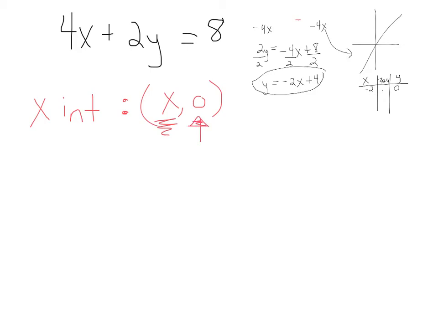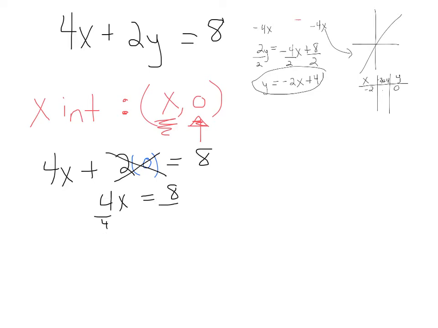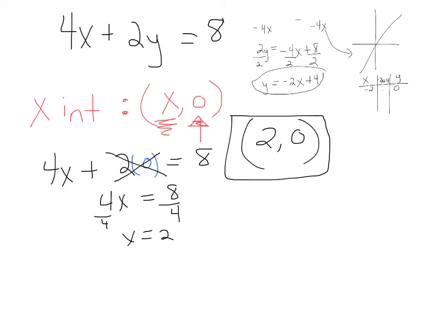So, if you're looking for an x-intercept, go ahead and change y to 0, because you know at an x-intercept the y value is 0, or nothing. So you've got 4x equals 8, and it looks like x is worth 2. The x-intercept is (2, 0).